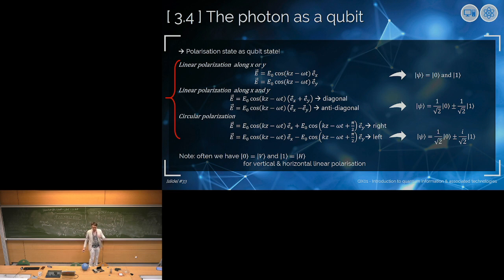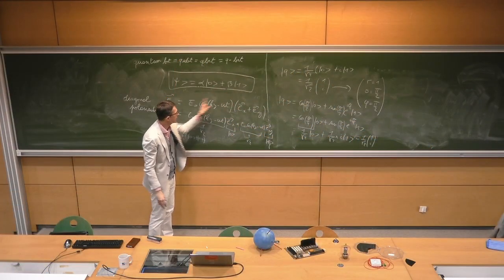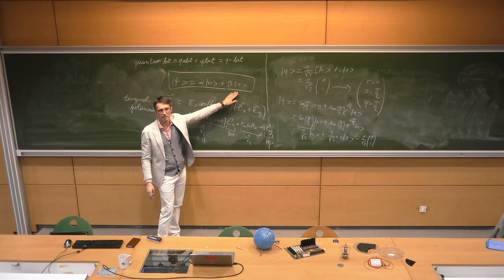Okay? And as I have optical elements that can control the polarization state as I wish, then I can basically generate any state like this, therefore any qubit like this, using the polarization state of light.